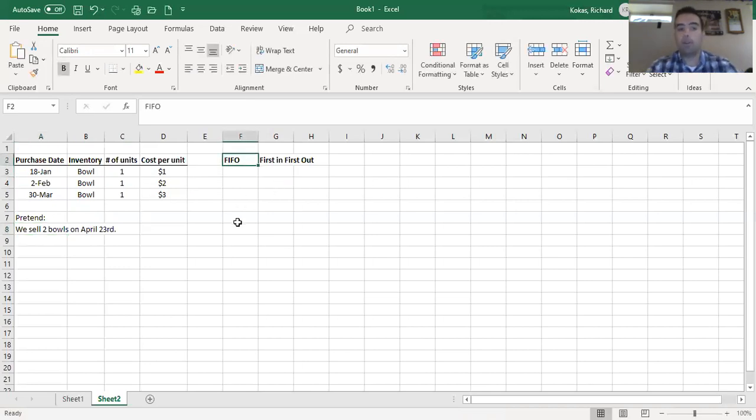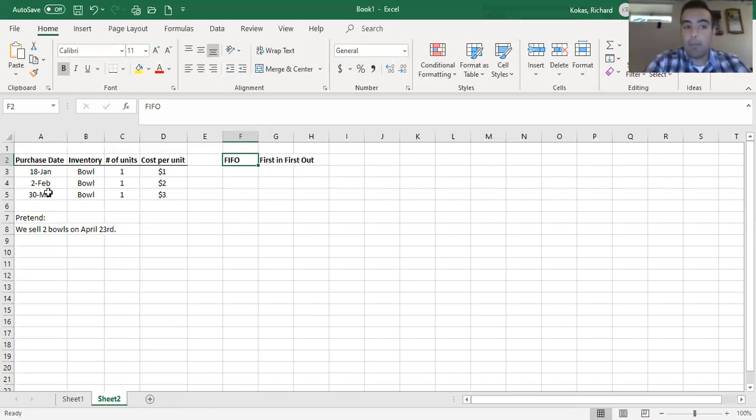So we sell 2 bowls. It's on April 23rd. We're using the first in, first out method. What that means is I'm going to go to the warehouse and get whatever bowl I want. So here, I'm going to randomly pick a bowl. I'm going to pick the bowl from February 2nd. Okay, and I know that's backwards for you, but at least the gist is February 2nd.